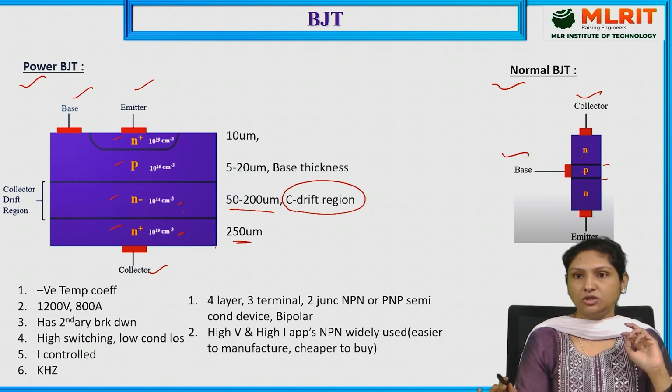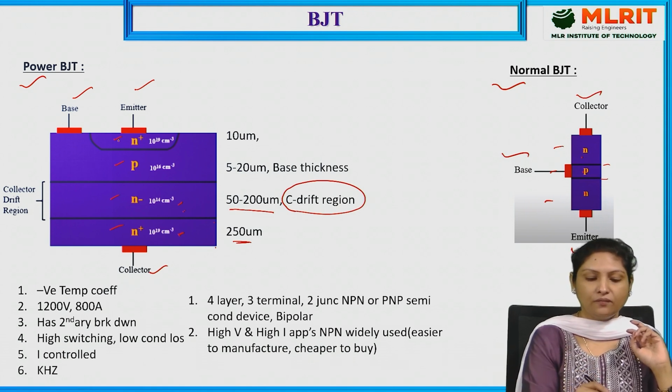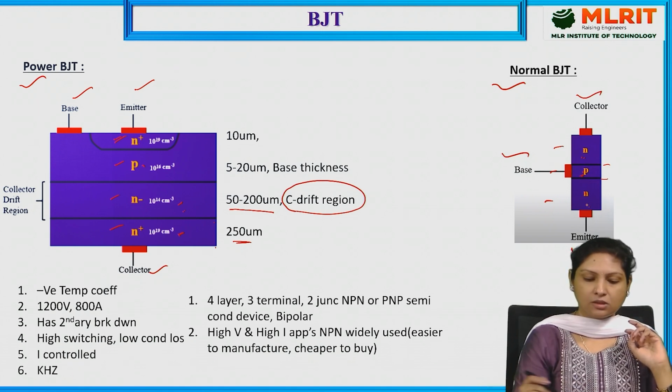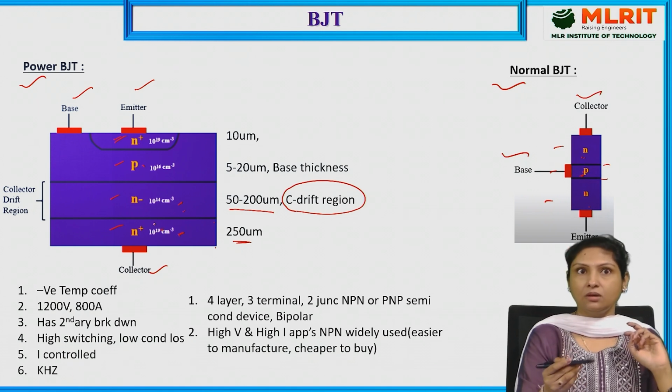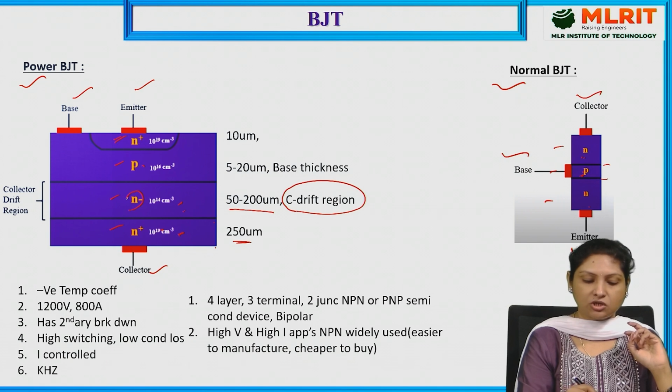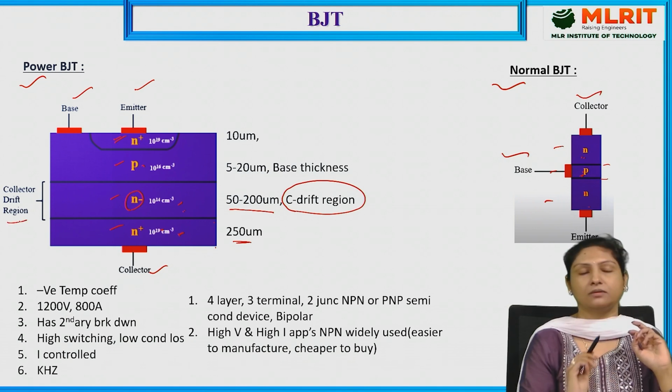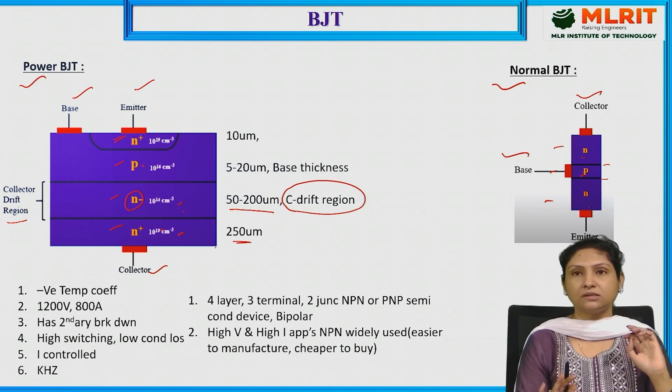In a normal BJT, we only have NPN layers, whereas in a power BJT, we have N+, N is common, and here P is common, and here N is common, and in addition we are connecting an extra layer, that is the N- layer, which we call the drift layer, which determines the breakdown voltage of the device.